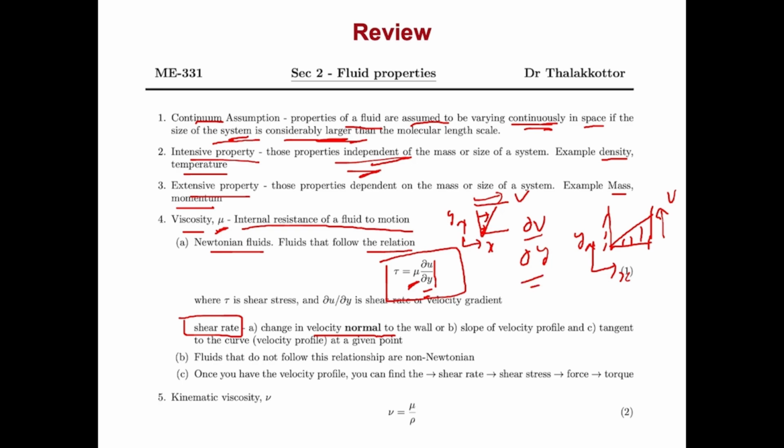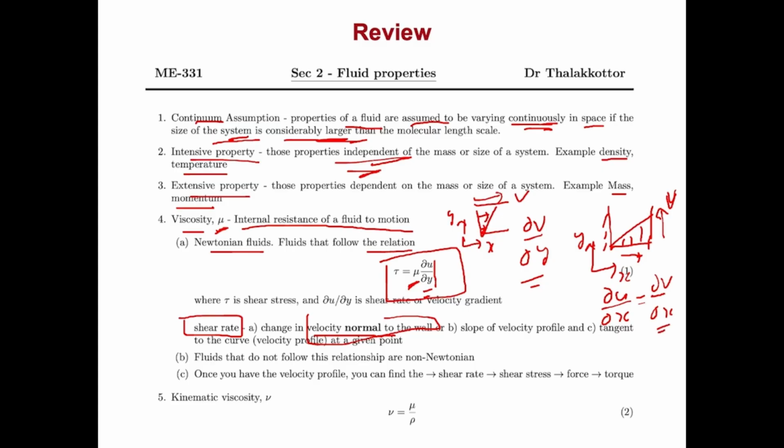It is normal to the wall that you're considering. Your wall is this, so your velocity gradient is changing in this direction, right? So your shear rate is actually du dx in this case, or if I write it more correctly, dv dx, right?